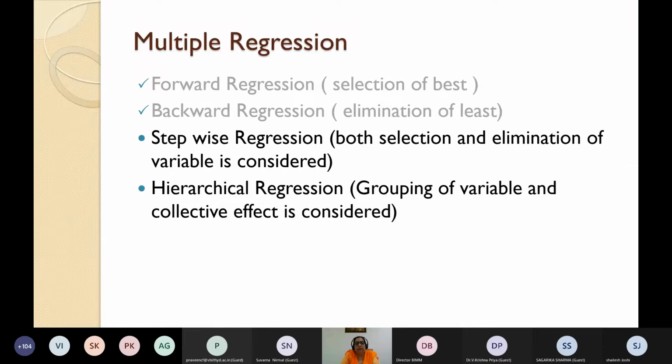Now this particular technique, stepwise regression, involves developing a sequence of linear models that can be viewed as a variation of the forward selection method, since predictor variables are entered one at a time. But the major difference between stepwise regression and forward regression is that at each step of the stepwise regression analysis, we also identify the removal of each entered predictor. If it is removed, what is going to be the value of R square or adjusted R square?